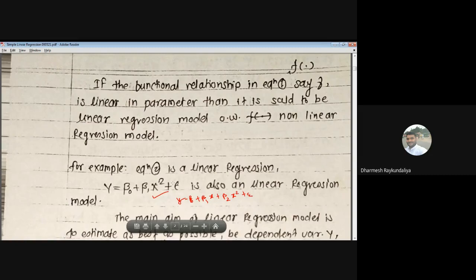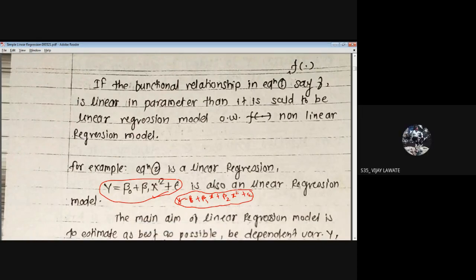Then what about this model? Is it said to be linear? Yes. Why is it said to be linear? Because the relation between y and x is linear in parameters.